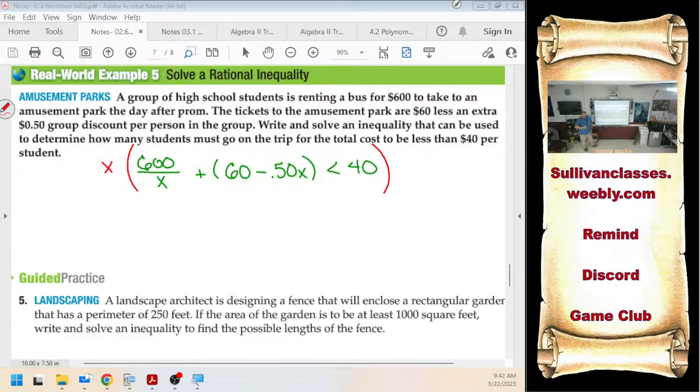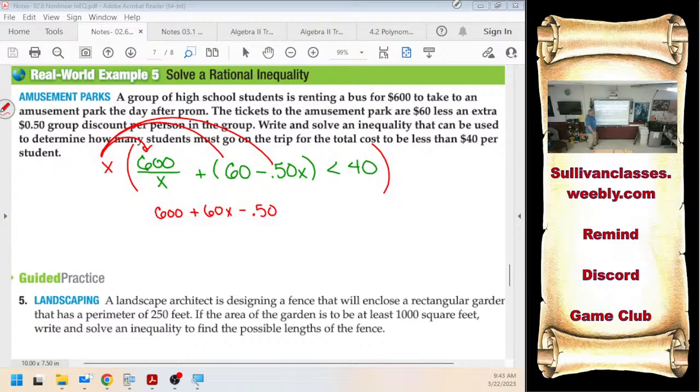If I take the whole thing times X, I don't have to deal with denominators. So I get 600 plus 60x minus 0.5x squared.